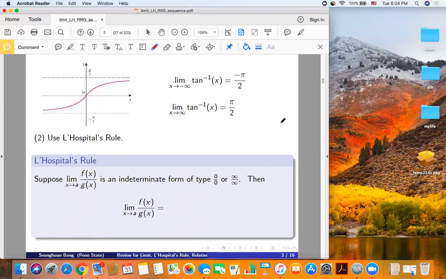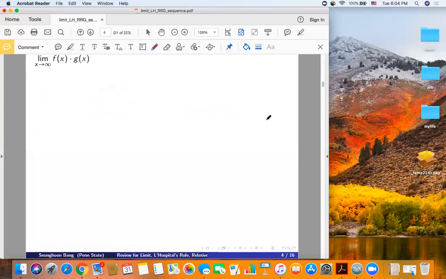The limit of f of x over g of x as x approaches a is the limit of f prime of x over g prime of x as x approaches a. This is the whole idea, if the limit on the right hand side exists.